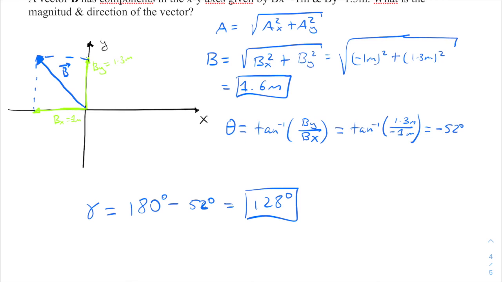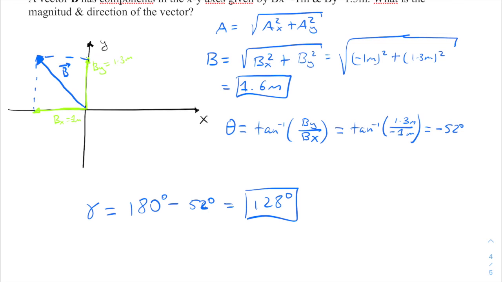And now to find our angle theta, we just use the equation that we also derived before, which is tangent inverse of by divided by bx. This gives us tangent inverse of 1.3 divided by -1 meter. As you can see in your calculator, this gives us negative 52 degrees.